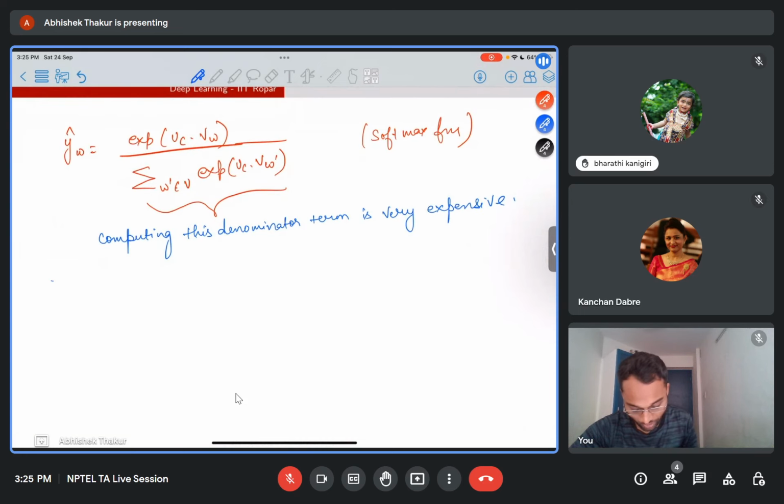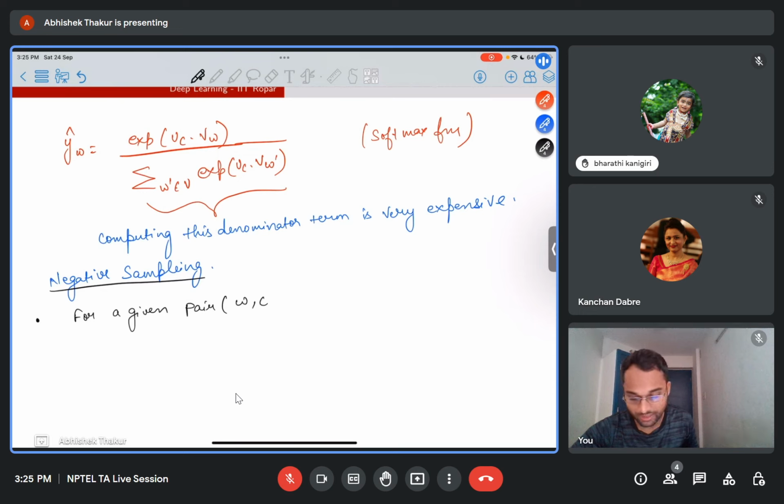First is negative sampling. Let's suppose for a given pair of WC, that is word with context, this is the correct pair, the word and context pair we are interested in.